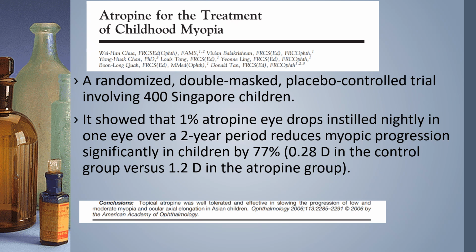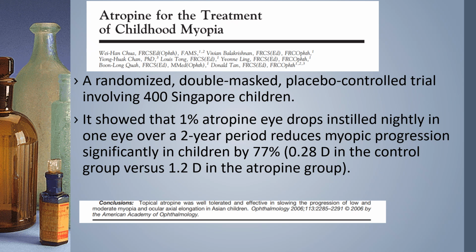This particular article had a very good, robust number of 400 Singapore children who were placebo controlled, double masked, and one eye was compared to the other eye. So that was also one of the very strong points of this study, where atropine 1% eye drops were instilled nightly in one eye over a 2 year period, and it reduced myopic progression significantly in children by 77%.